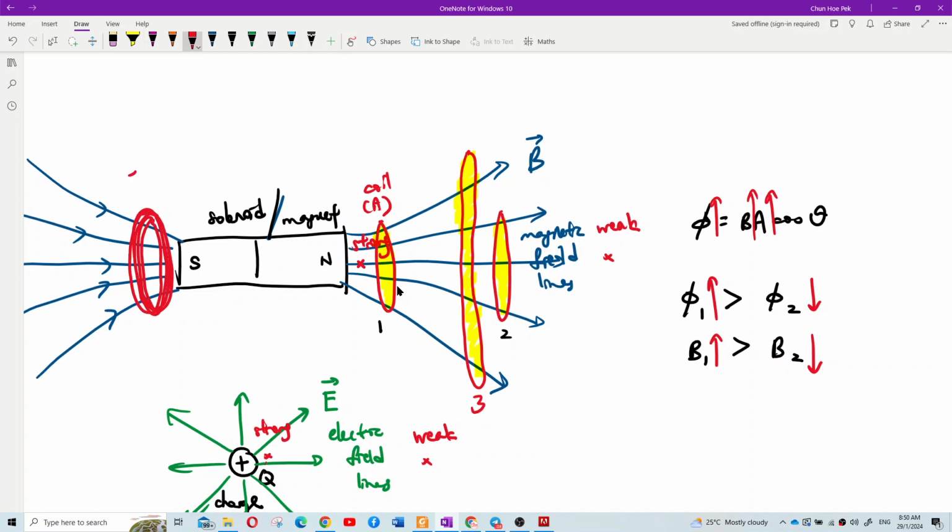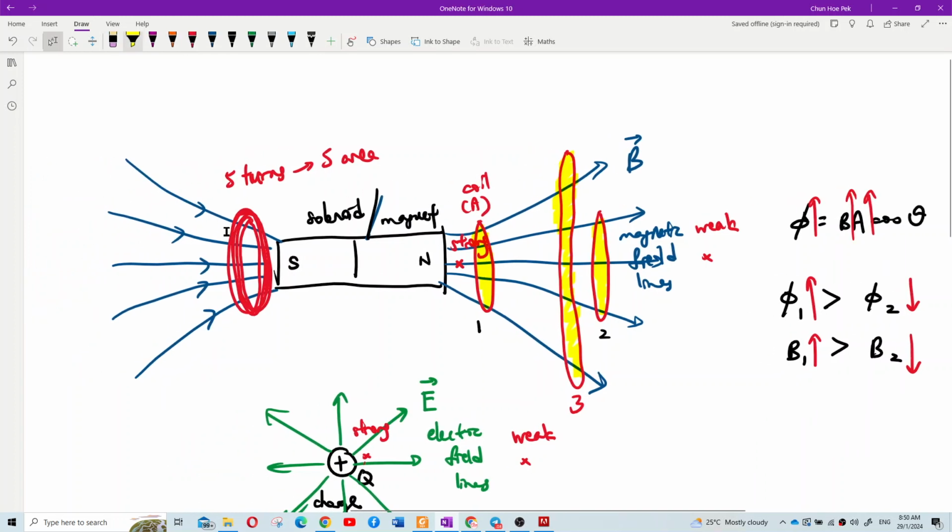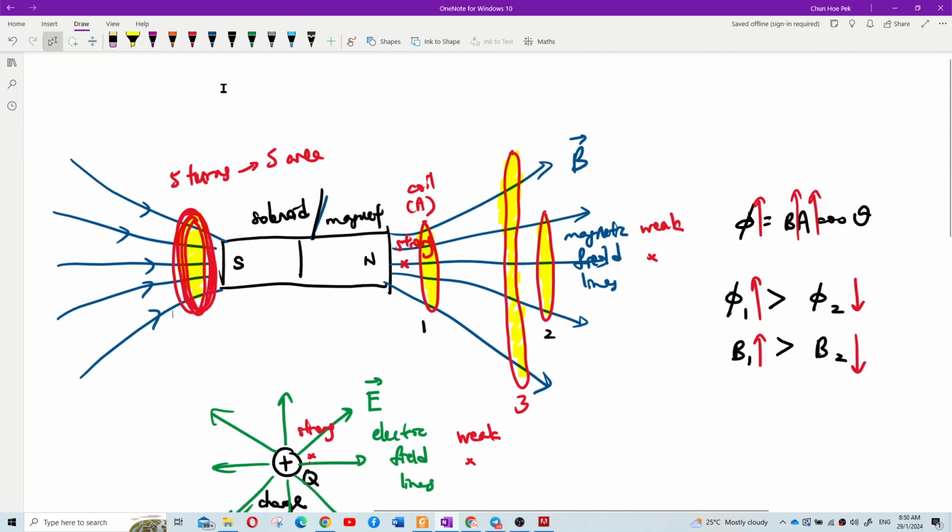So let's say I have 5 turns. How many areas do I have? 5 areas, isn't it, class? I can put this as coil 4.